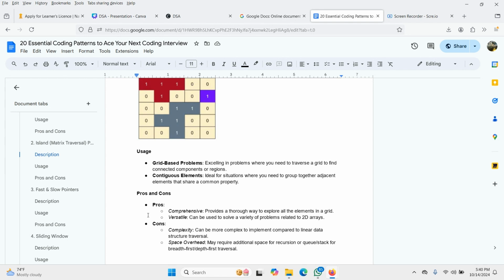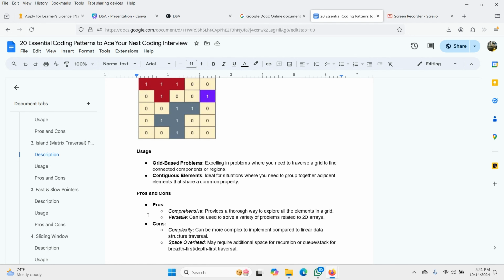Next, continuous elements. It is usually ideal for situations where we need to group together adjacent elements that share a common property. So if we have a problem where elements share a common property, we can use this matrix pattern.